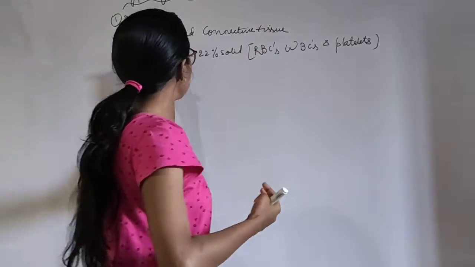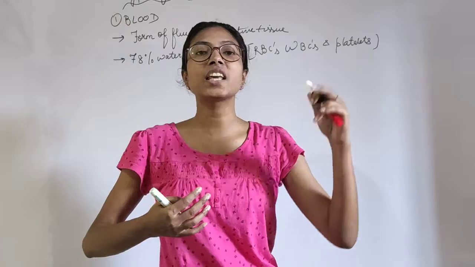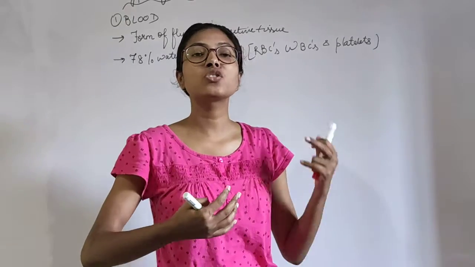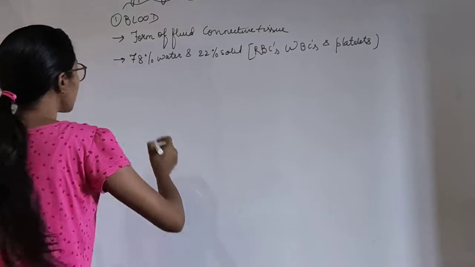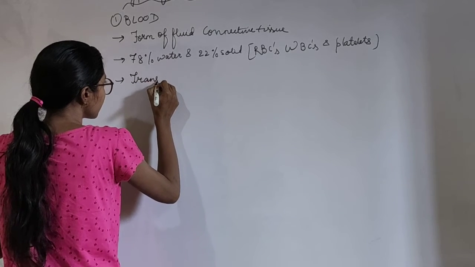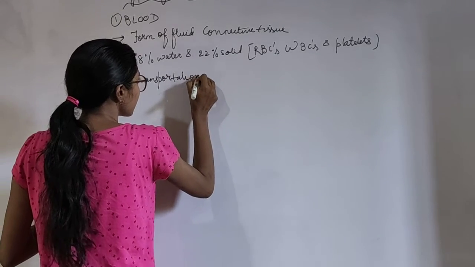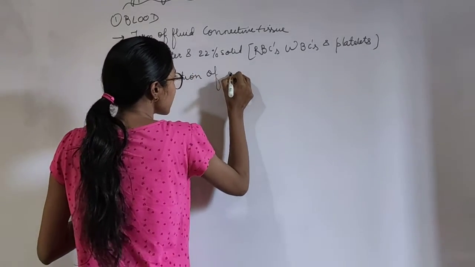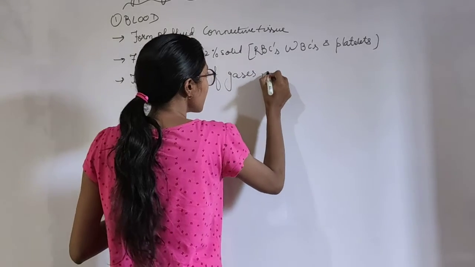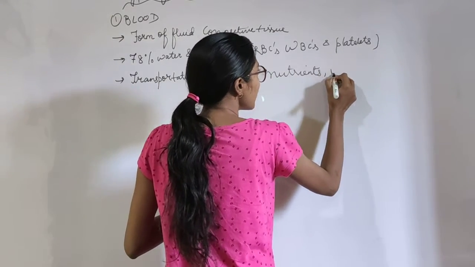That's why it is known as fluid connective tissue, because though it is a fluid, it is connecting the whole body. So its function is transportation of gases, nutrients, and waste materials.